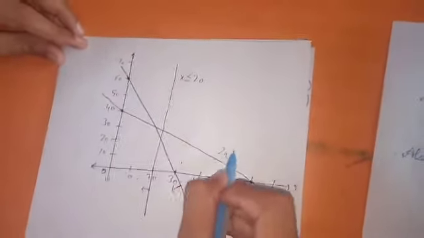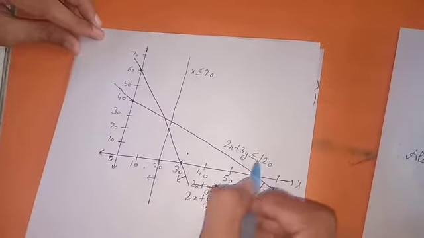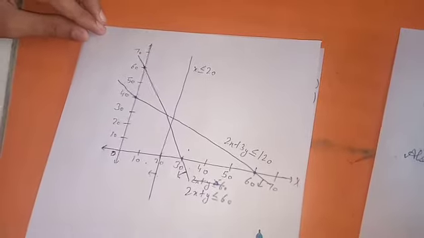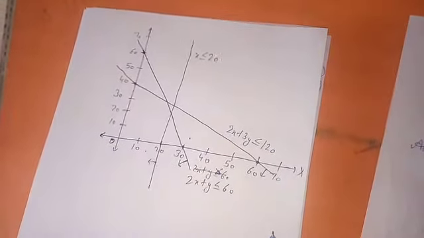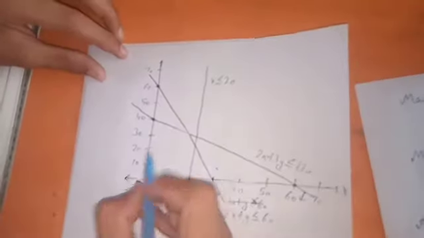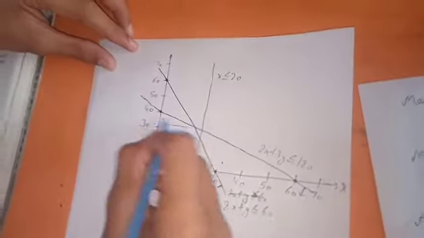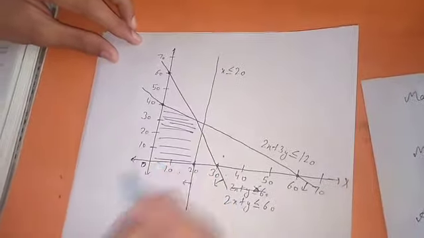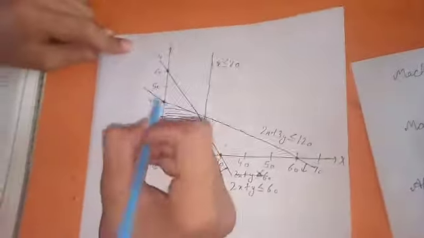This is 2x plus 3y less than or equal to 120. Okay. Now our feasible region is this, because it is common for all the 3 lines.